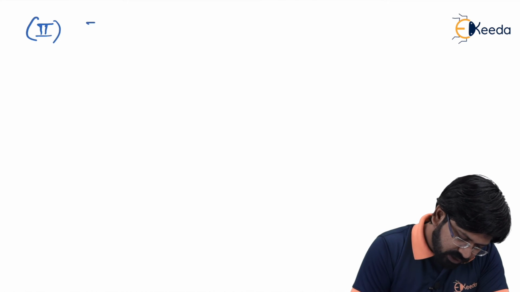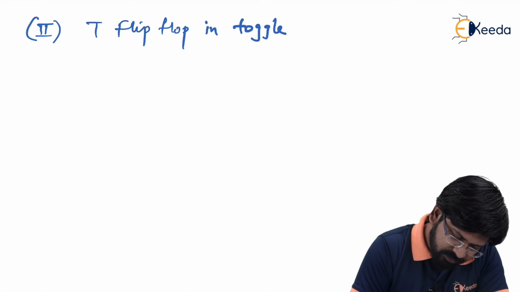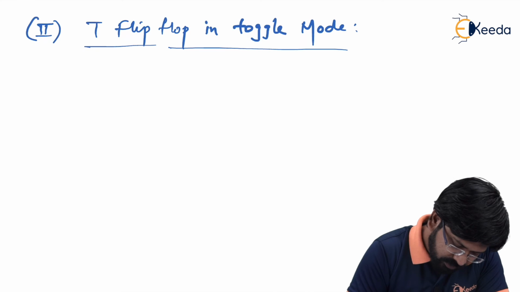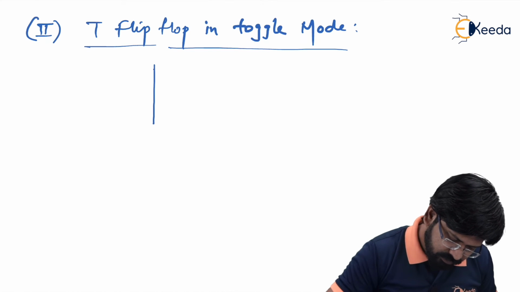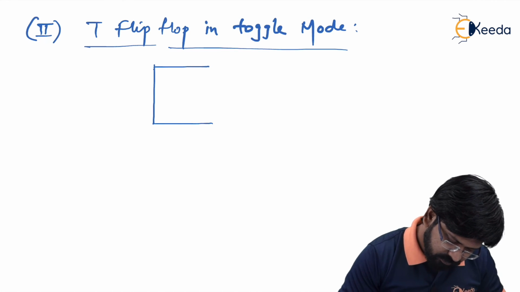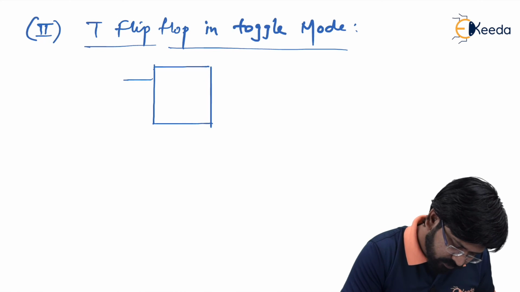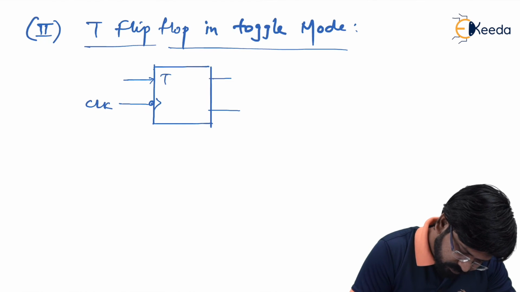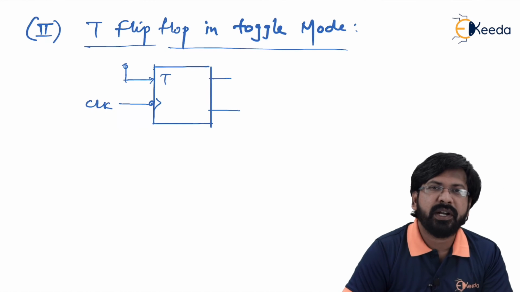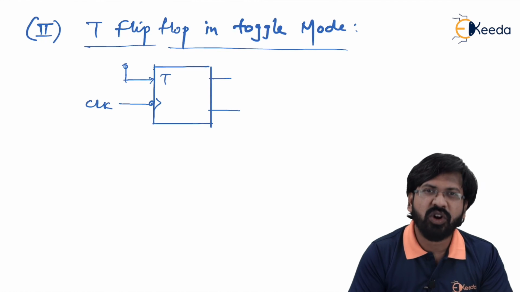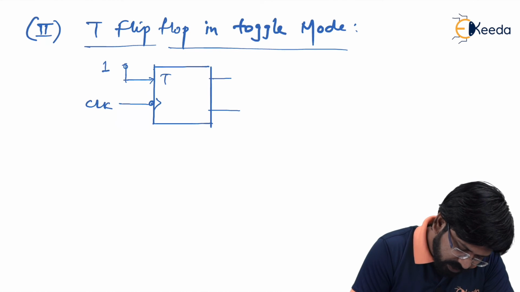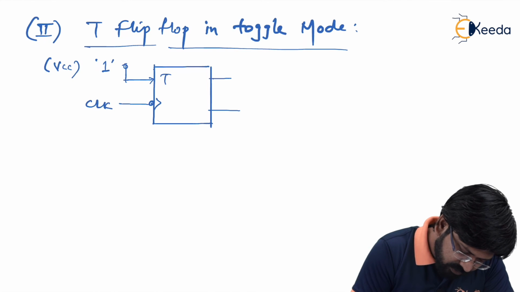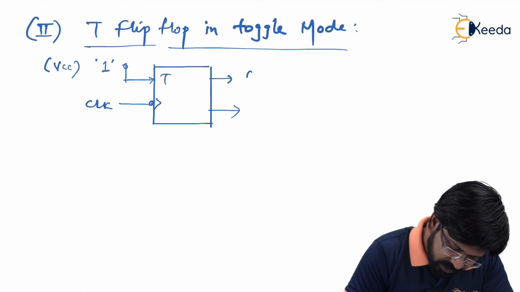How to use the T flip-flop in toggle mode? To operate the T flip-flop, that is the toggle flip-flop, in toggle mode, it is compulsory that T should be connected to logic 1 or VCC, that is 5 volt, and we get two outputs here, Q and Q bar.